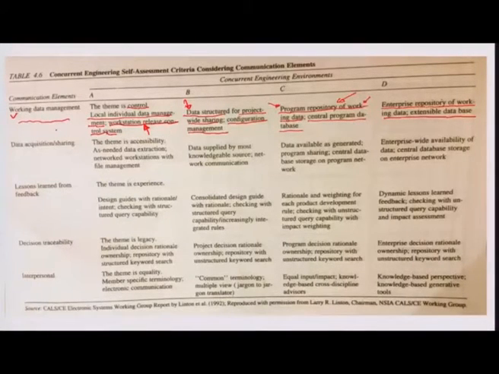Similarly, you have communications related to data acquisition and sharing. This is a sub element where the theme is accessibility. There could be the first level which talks about as needed data extraction. If you are requiring something, there is a proper procedure for showing your justification, and then through network, workstation and file management systems, you could trace that particular data or extract it. You are not however exposed to the whole data.